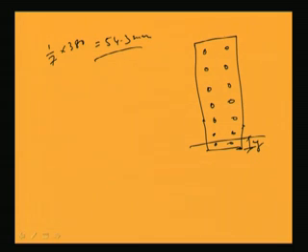If the neutral axis depth is y, then we can write 2 into 100 into y by 2.